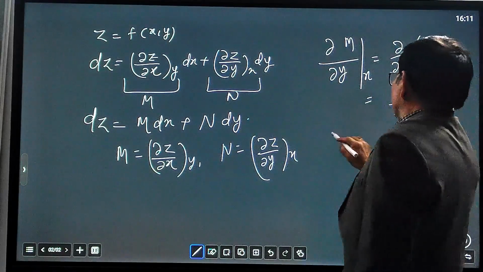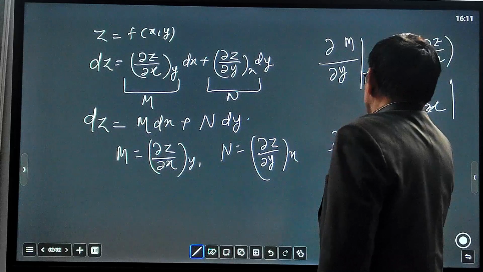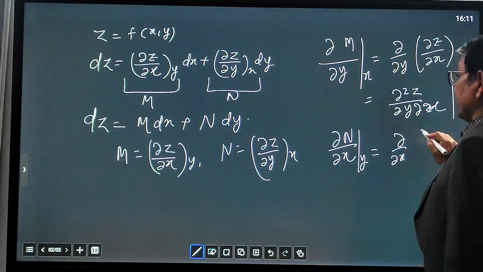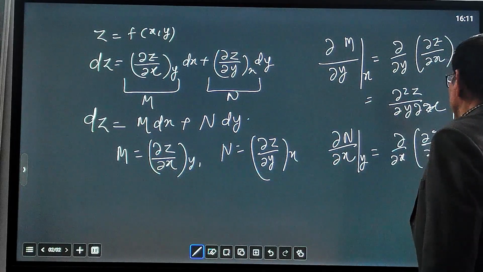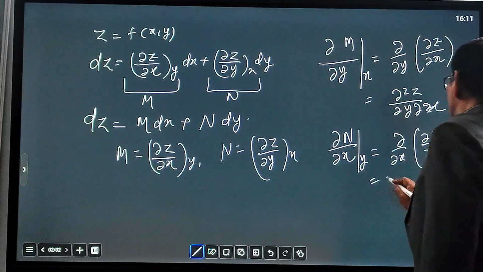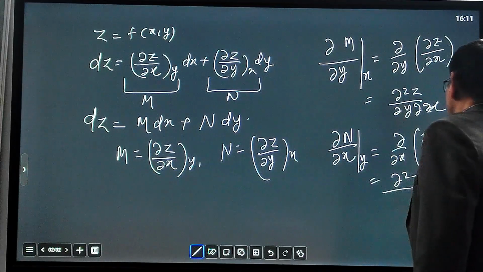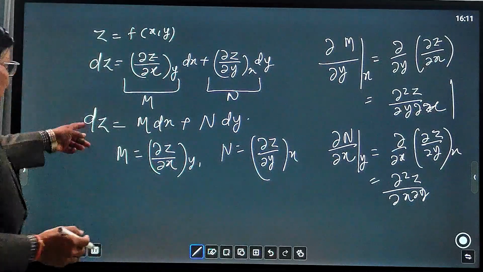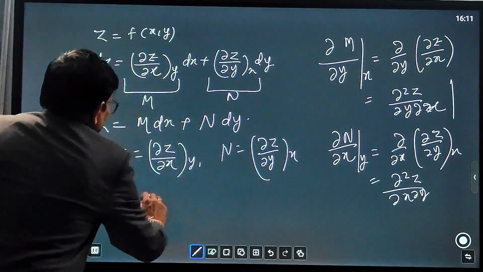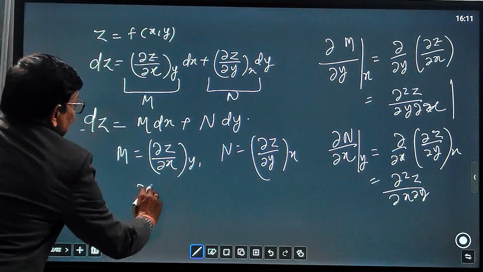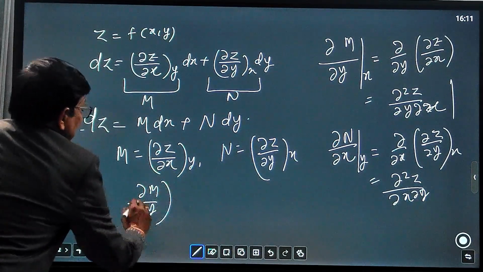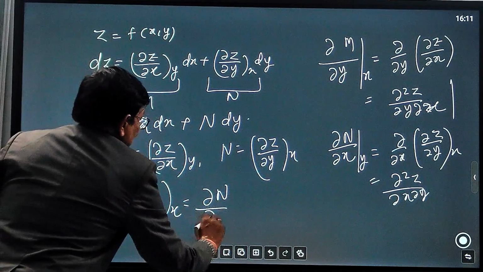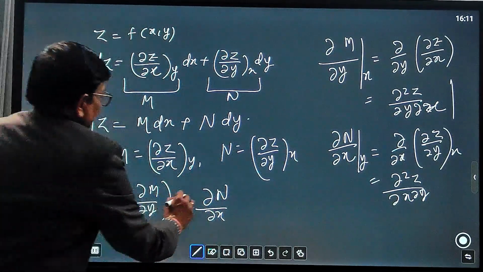Similarly, we can define (∂N/∂x) at constant y equal to ∂/∂x of (∂z/∂y) at constant x, which equals ∂²z/∂x∂y. So from this you can see (∂M/∂y) at constant x equals (∂N/∂x) at constant y.